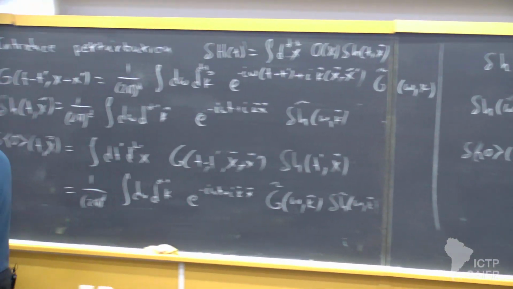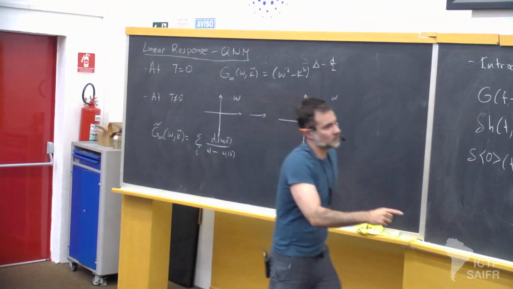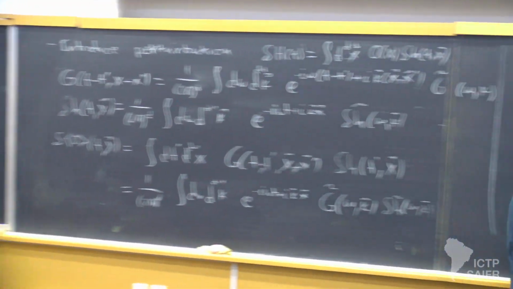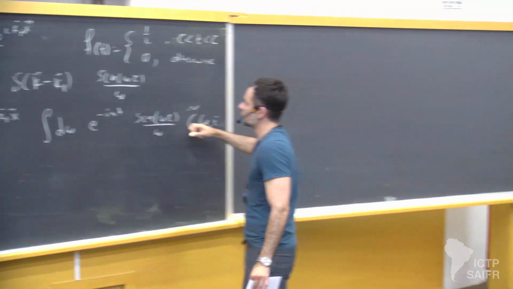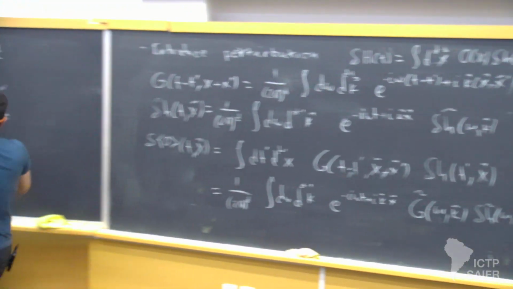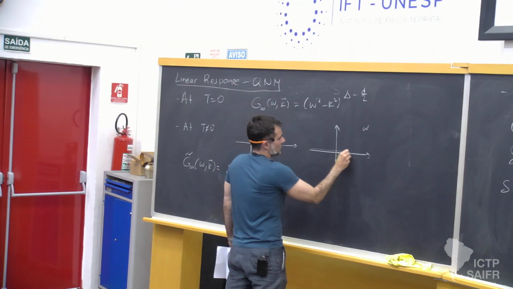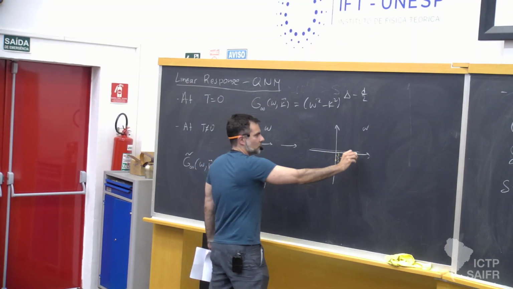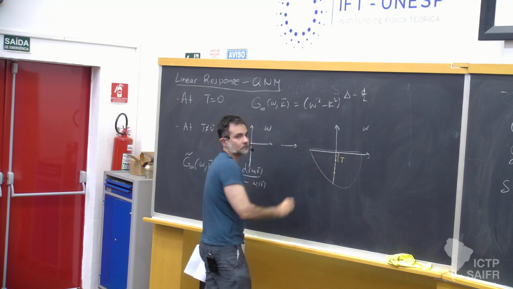Now, if the Fourier transform of the retarded Green's function, I forgot the tilde here, had a finite number of poles, right? So I'm basically integrating like this. And if I had a finite number of poles here, I could just do that. Okay?